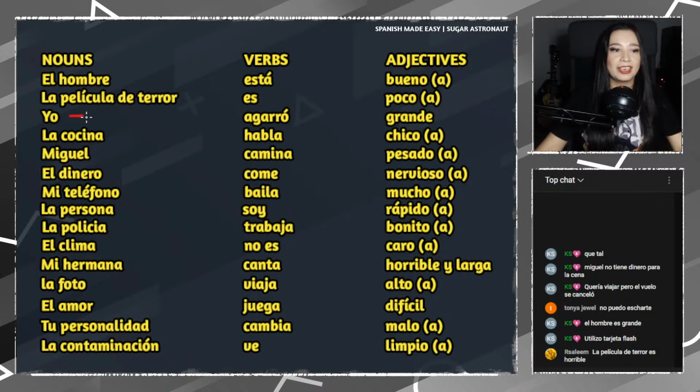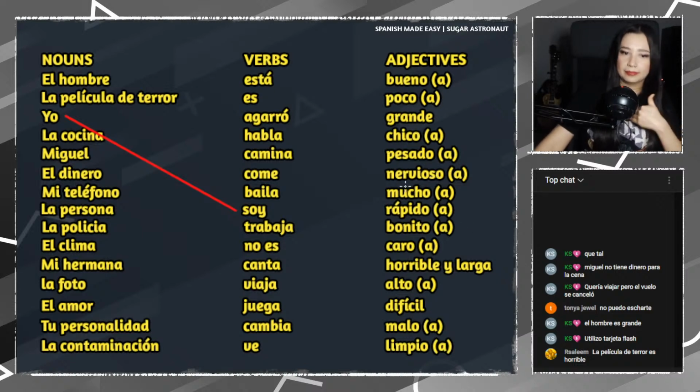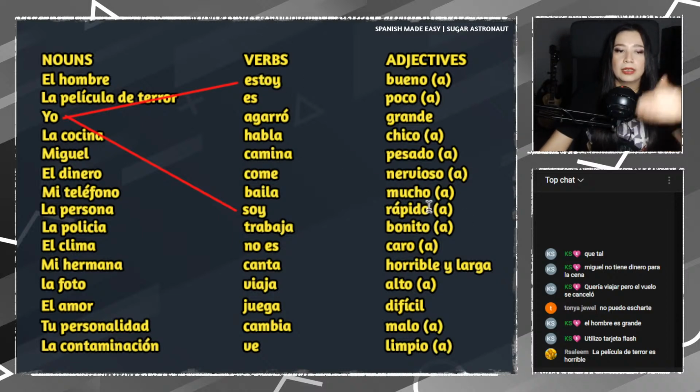Okay? Yo, in this situation, we have only one option. Yo soy. I am. Okay? Just here. Obviously, you can add more verbs, different verbs. For example, if I want to use this one here, instead of saying está, you only have to change it to estoy.